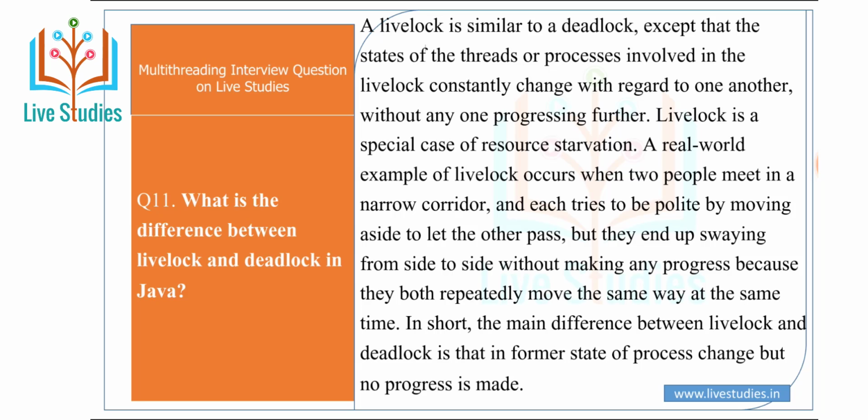A real world example of livelock occurs when two people meet in a narrow corridor and each tries to be polite by moving aside to let the other pass, but they end up swaying from side to side without making any progress because they both repeatedly move the same way at the same time. In short, the main difference between livelock and deadlock is that in livelock the state of processes change but no progress is made.